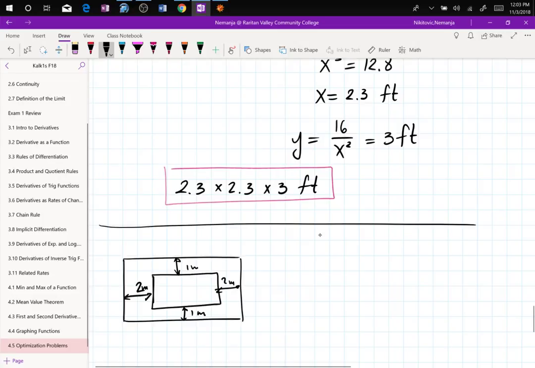A rectangular flower garden with the area of 30 meters squared is surrounded by a grass border 1 meter wide on 2 sides and 2 meters wide on the other 2 sides. See the figure. What dimensions of the garden minimize the combined area of the garden and the borders?